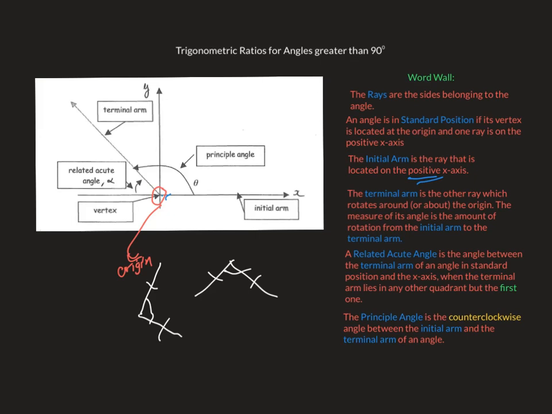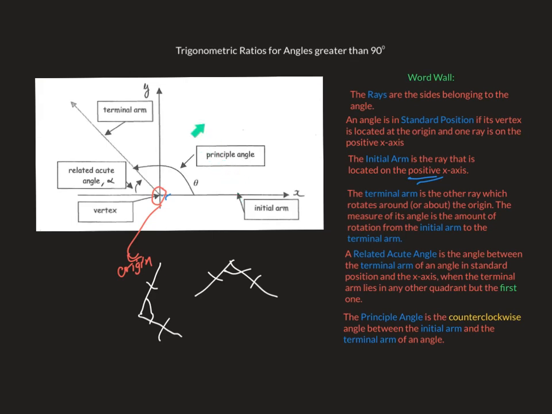A related acute angle is the angle between the terminal arm of an angle in standard position and the x-axis when the terminal arm lies in any quadrant other than the first one. If I had my terminal arm anywhere here, I would not have a related acute angle.